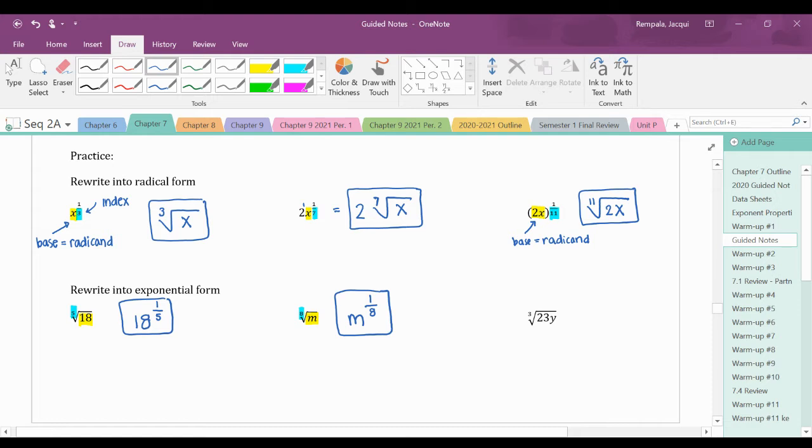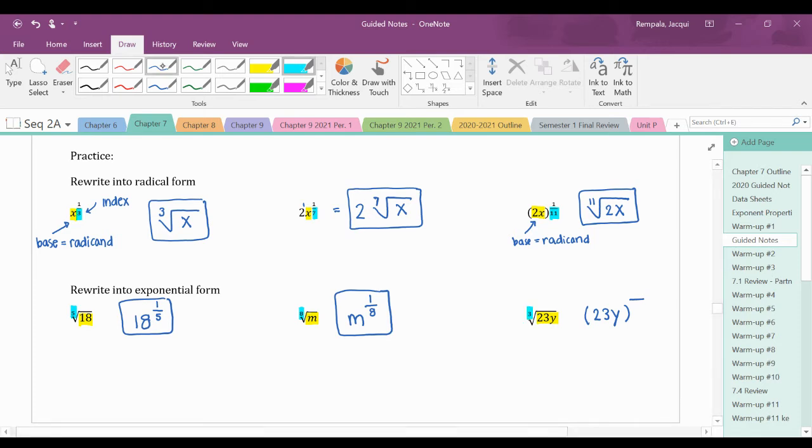If I take a look at this third example, notice that we have 2 things that are underneath that radical. So we do want to make sure that we're careful. That means because both of those were underneath, I am going to want parentheses around that as my base. So I make sure that its exponent goes to both of those things. But remember, my exponent is going to be a fraction.